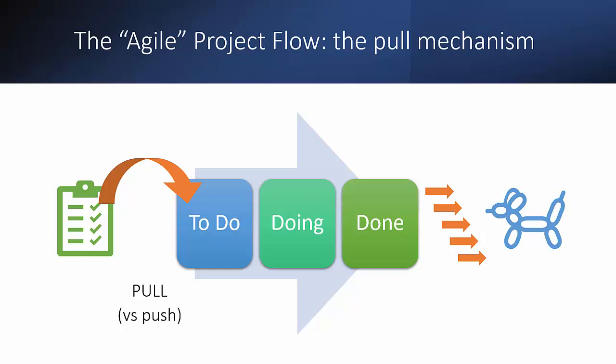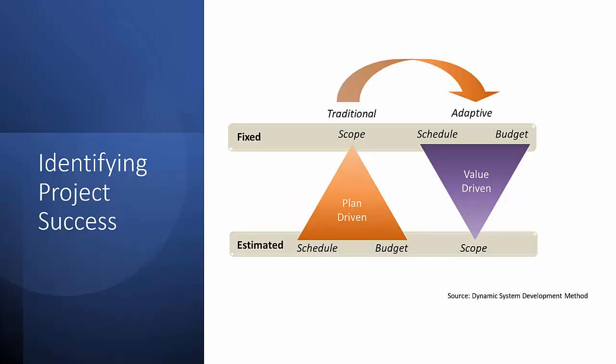However, in which cases do we want to work in this way as compared to a more traditional approach? Let's have a look at the different possible ways of looking at this. First of all, if you observe here, we have traditional and adaptive approaches. We have them represented by these two triangles.